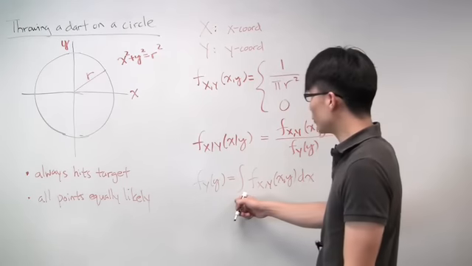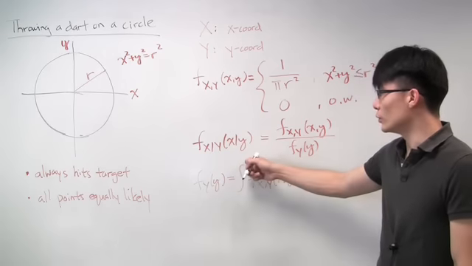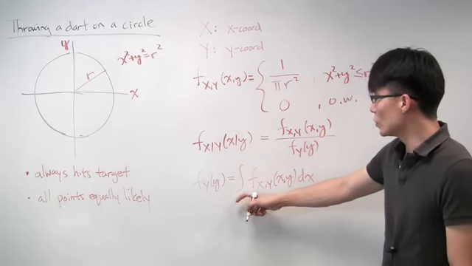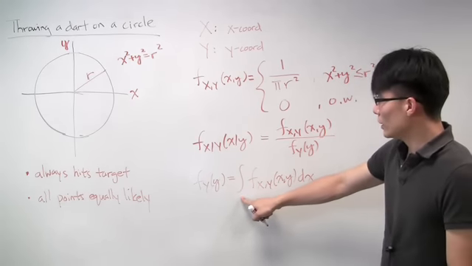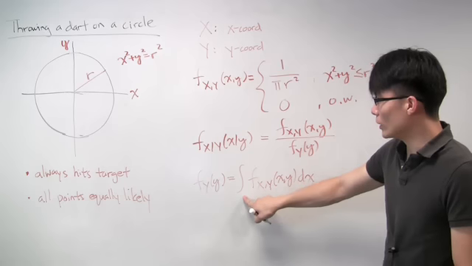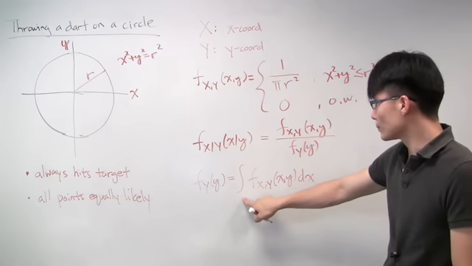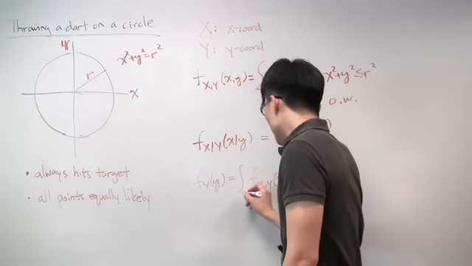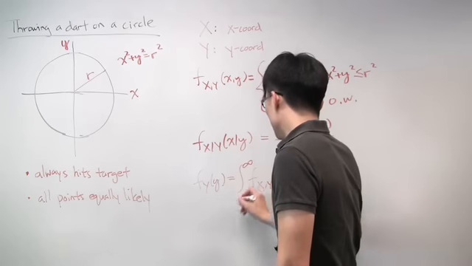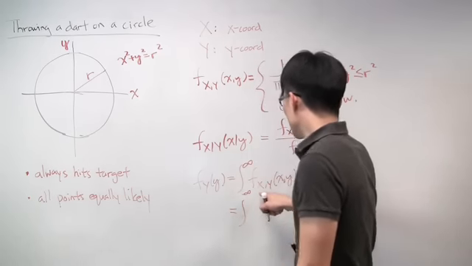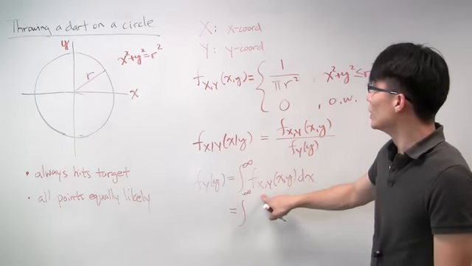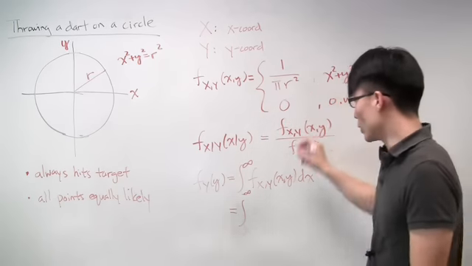In general, you integrate from x equals minus infinity to infinity. But in this case, we need to be careful what the limits are and only integrate when the limits are valid. So for now, let's just write minus infinity to infinity, and we'll fill that in. We know that the joint PDF is just 1 over the area, 1 over pi r squared.